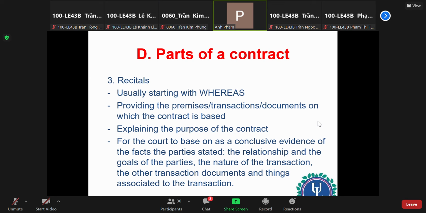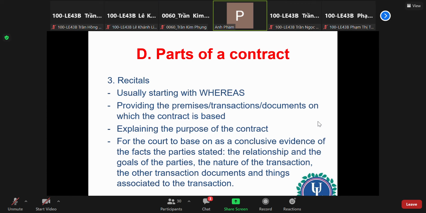In the recital, sometimes people explain the purpose of the contract. So the parties enter into the contract for what, right? This is for the purpose. And sometimes the court can rely on the recital as evidence.